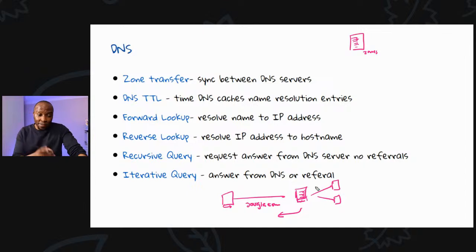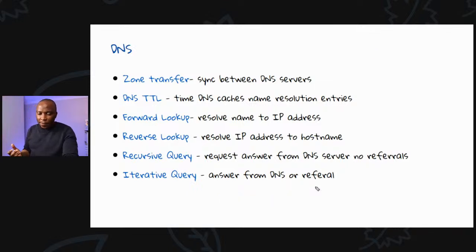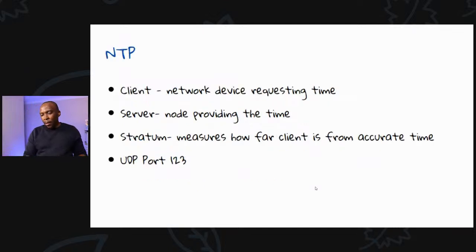I want the answer from you. But when you do an iterative query, you're simply saying, in the event that you don't have the answer, you can go ahead and ask other DNS servers to then come back and give you feedback. So that's the difference between an iterative and a recursive query when you're dealing with DNS.